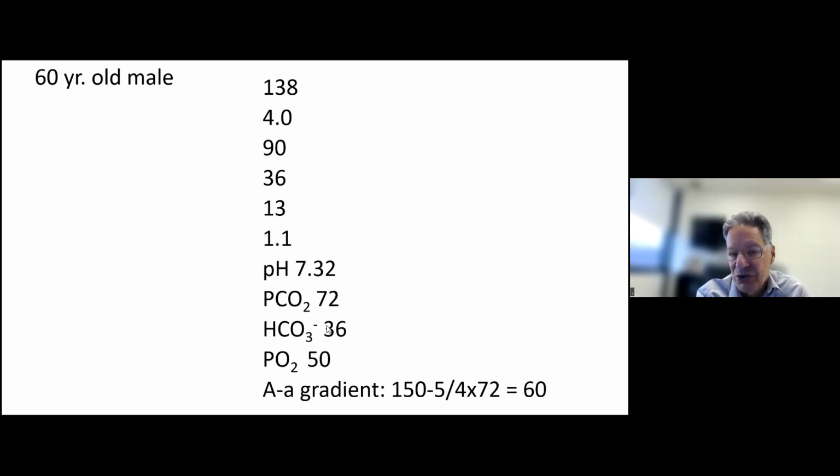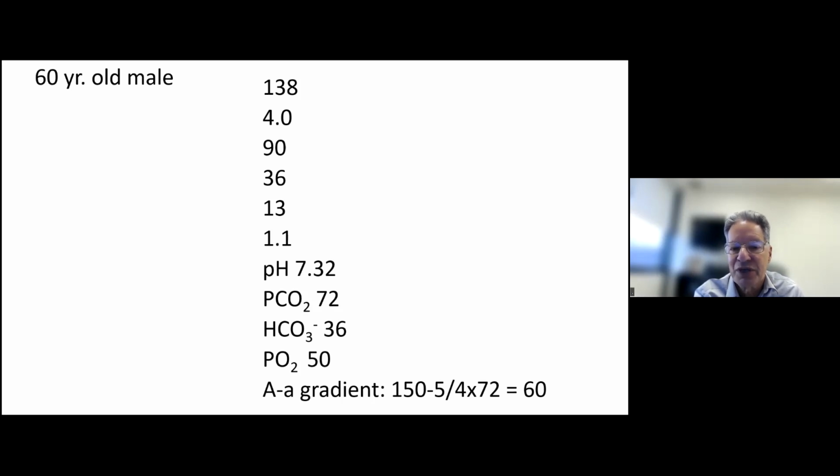It's 36. So the question is, is this compatible with chronic respiratory acidosis? And for that, for every 10 increase in the PCO2, the bicarbonate goes up further than the acute by an additional amount, such that it goes up 3.5 total from the original. So if the PCO2 went up by 10, the bicarbonate should go up by 3.5.